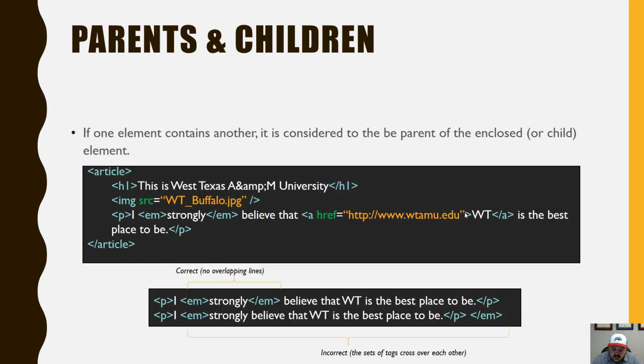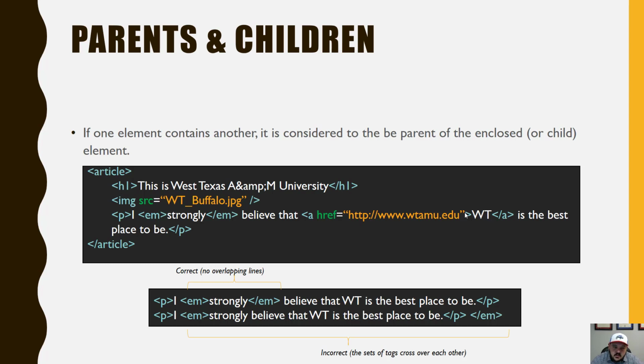If one element contains another, it is considered the parent of the enclosed, or child, element. For this example, we have article, which opens up three more elements within the article element. Article is the parent for H1, for image source, for the paragraph, and for the emphasis tags.